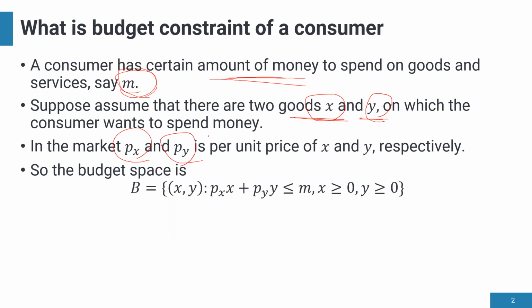Okay, they are given per unit of X and Y. Right. So if he's buying 1 unit of X, then he has to pay PX, and if 1 unit of Y, PY.